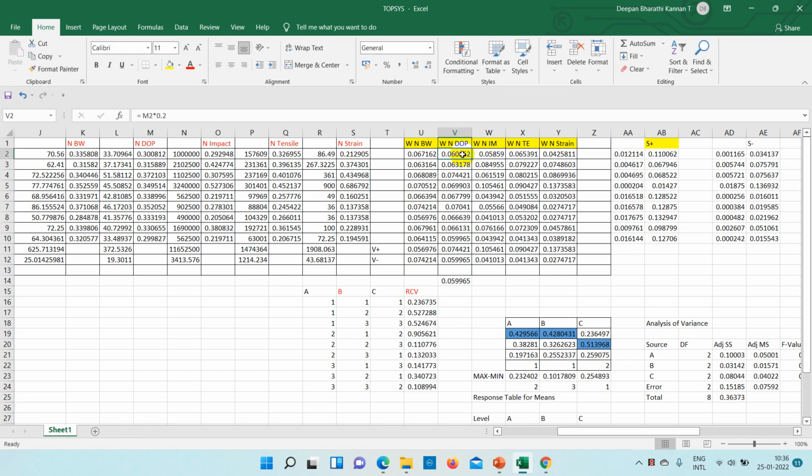This one is nothing but 0.2 into this M2. Similarly, this one is nothing but O2 into 0.2. So the value at the O2 cell multiplied by 0.2 will give you the weighted normalized matrix. This is how we have to calculate the weighted normalized matrix for all the output parameters.